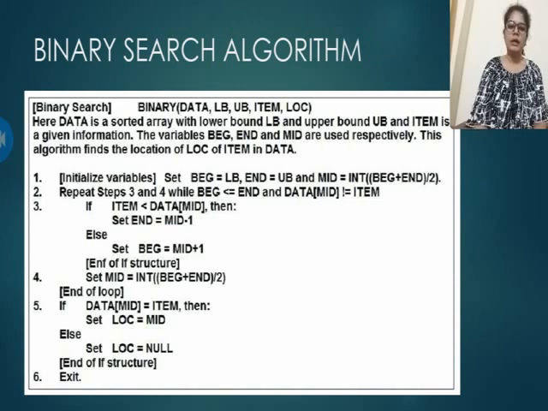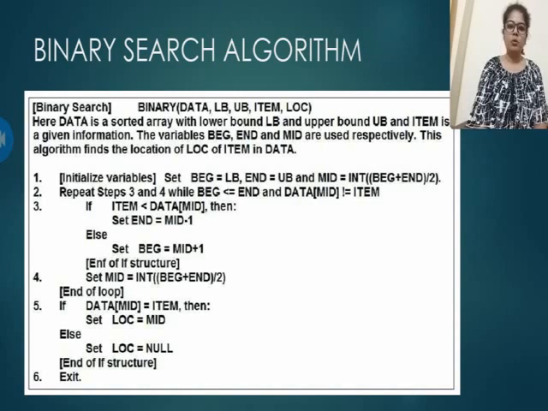If item is greater than data mid, it must be somewhere in the right of the list. In that case end remains the same, but we have to change the beginning. So the formula to change the beginning is beginning equal to mid plus 1. Next is the end of the if structure.